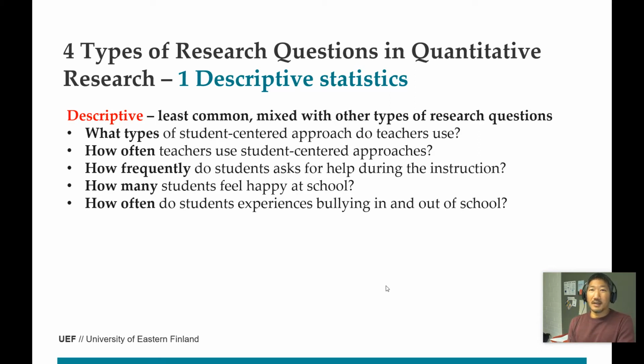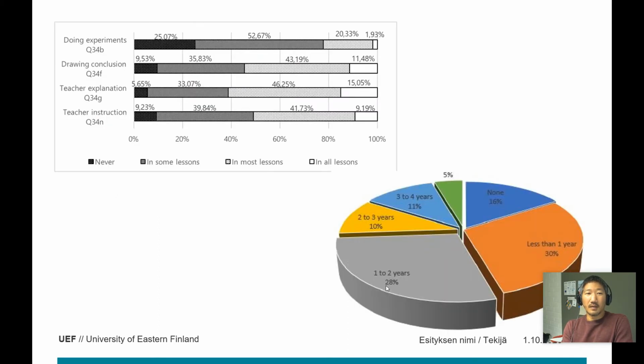Many secondary data sets and international assessment comparison studies tackle this kind of descriptive question regarding student well-being. So if you are interested in this type of question, this is the descriptive research question in quantitative research.